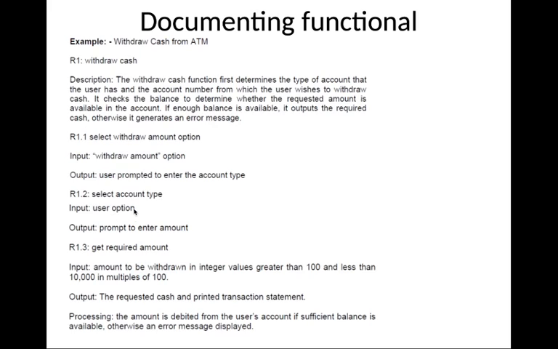Under 1.2 there may be subheadings like 1.2.1, 1.2.2, and we can number it. Then 1.3 is the required amount. Everything will be documented like this. Proper documentation should be done for each function required. This is the whole function, and we find the functions inside it and document them based on the input and output of each function.